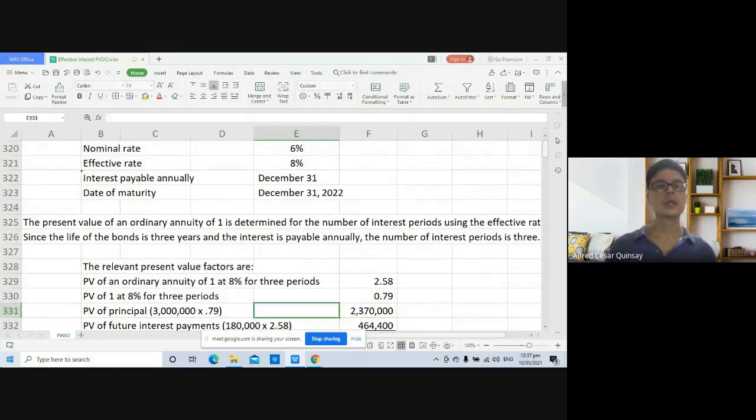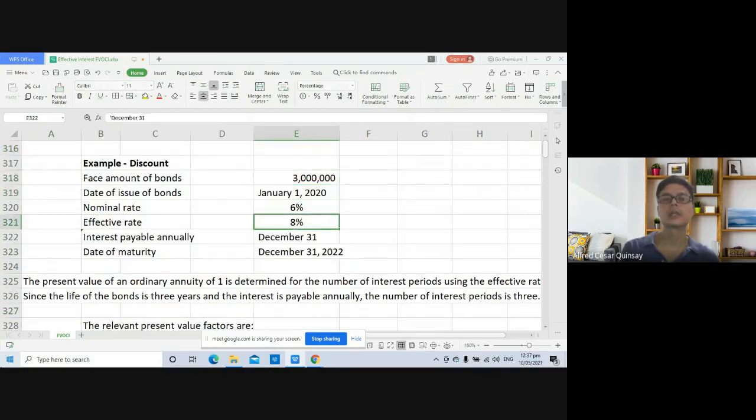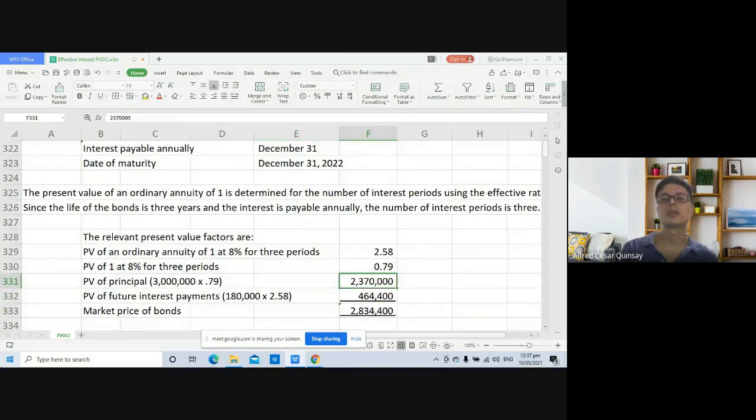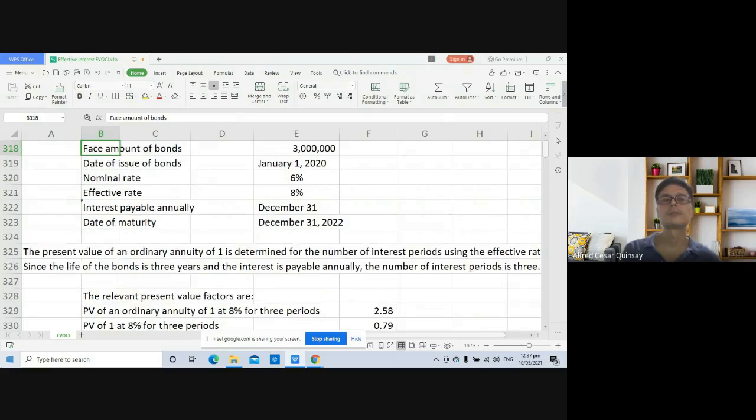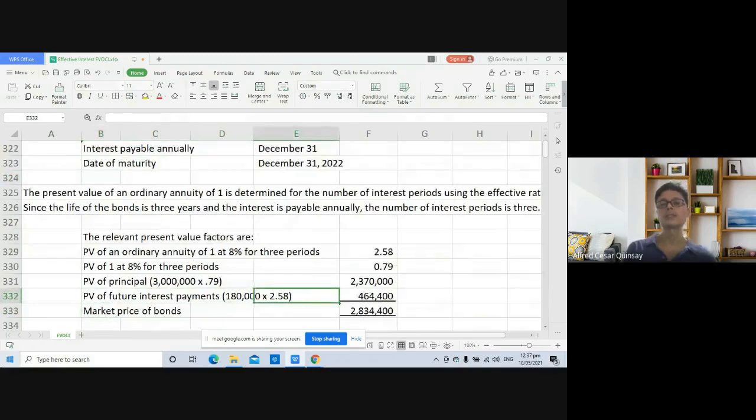Yan. And yung present value of principal is 3 million times 0.79. So that would be 2,370,000. So in other words, yung bond investment na 3 million, yung kanyang present value is 2,370,000 using the present value of 1 at 8% for 3 periods. Whereas yung interest payment niya, okay, na 180,000 yearly, okay, so this is at present value.